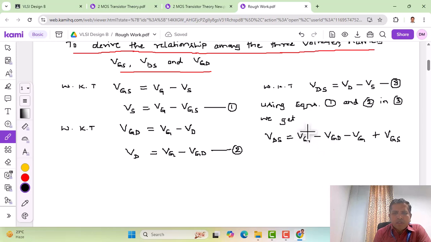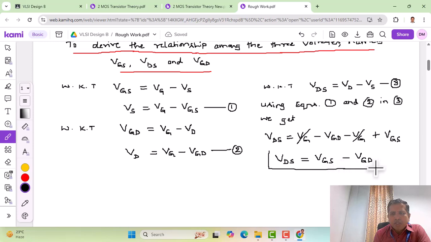Now you can see this VG can be cancelled. So by moving VGS as the first term, VDS can be written as VGS minus VGD. So this is the relationship between VDS, VGS and VGD. Let us call this equation 4.